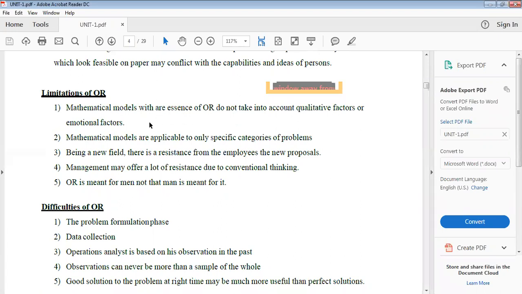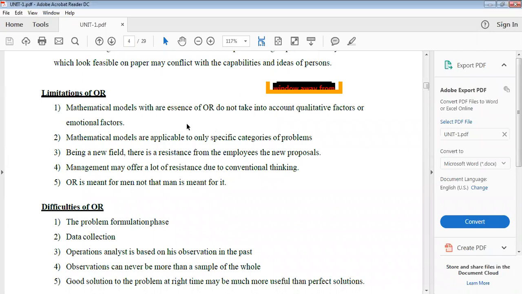Some workers exhibit that they are not being paid properly, or not being paid other incentives. Those things OR will not take into consideration. Only with mathematical models will we arrive at a particular solution.